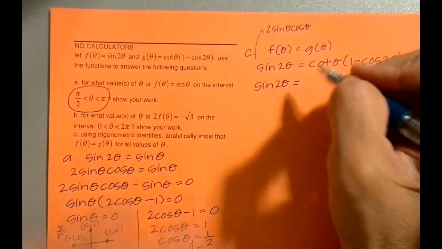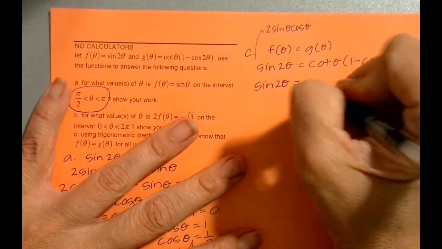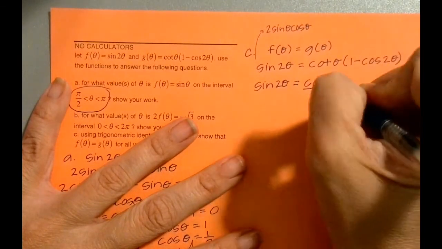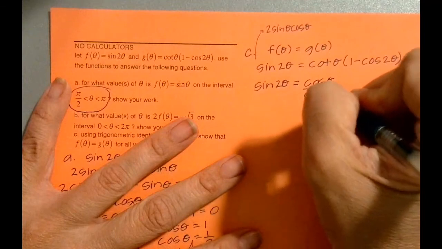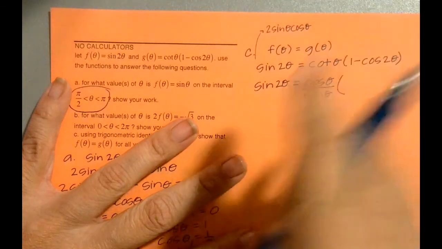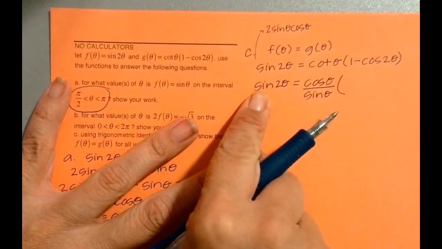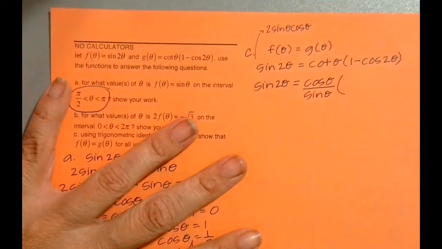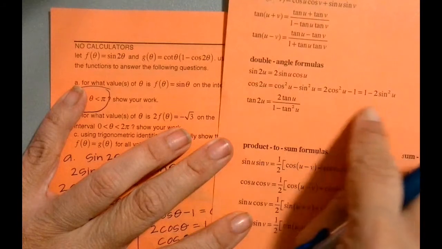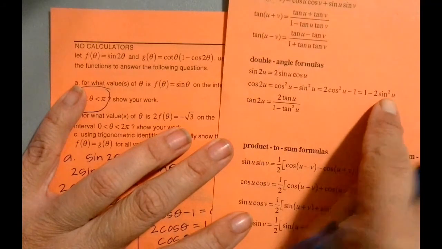So first thing I'm going to do is change this to cosine theta over sine theta. And then because this is a sine over here, I'm going to use my formula for cosine 2 theta. I'm going to use 1 minus 2 sine squared.